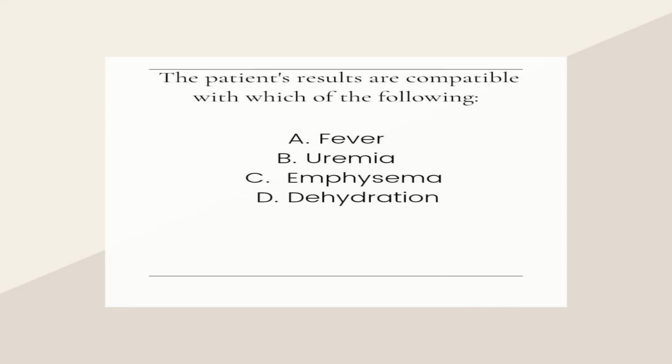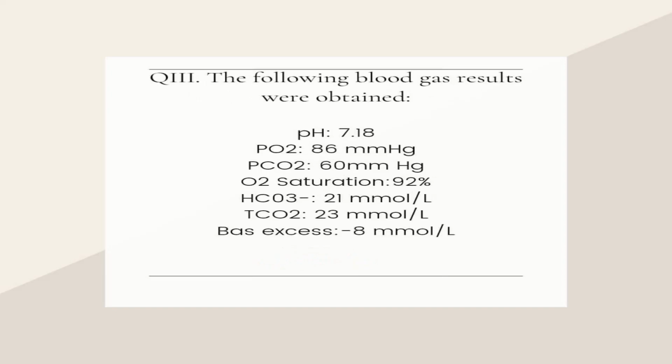The best option is C. Emphysema. So the results are consistent with respiratory acidosis because of the accumulation of carbon dioxide and also reduction of oxygen saturation, which is 92%, which normally should be above 95%, and of course a low pH.